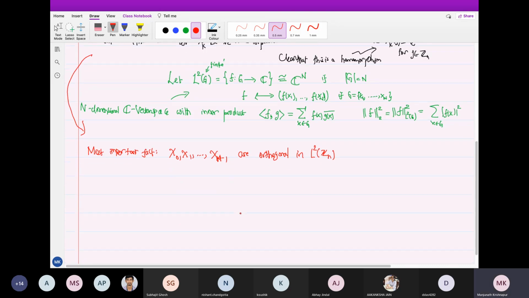What does that mean? If you take chi k inner product chi L, let's compute that in L2 of Zn. I will usually not write all this, but for the moment let's write it.